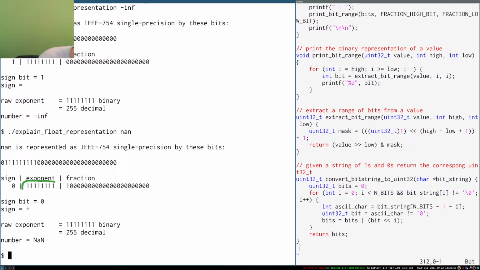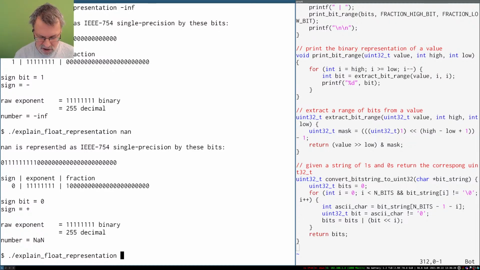Spotting a pattern here, aren't I? An exponent of all ones is reserved. So if the exponent is all ones, it can't be a normal number. It's either infinity or not a number. There's a question about what's happening with these other bits, and you can research that if you want. So there are two special values for the exponent.